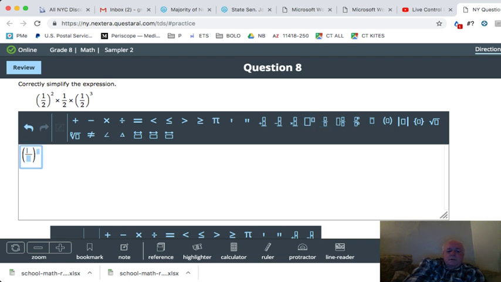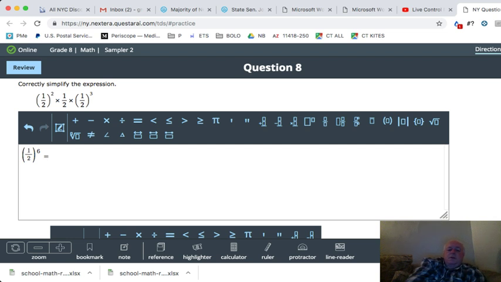So what we should have is (1/2)^6. That's equal to 1/2 times 1/2 times 1/2 times 1/2 times 1/2 times 1/2.